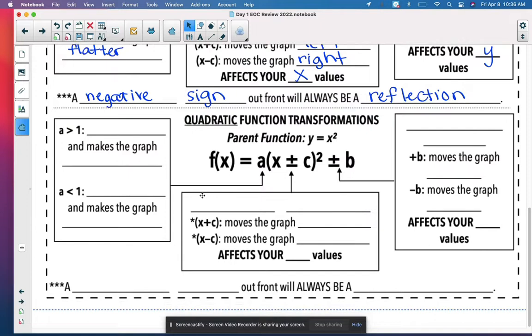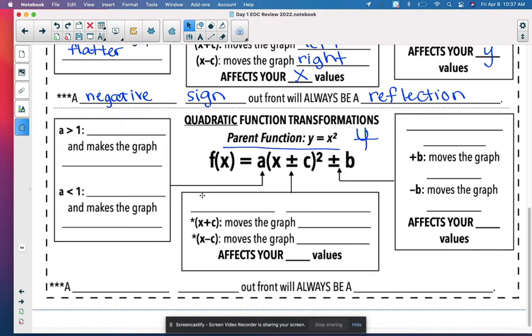The last thing I want to talk about, which is something we recently covered, is quadratic function transformation. So again, a quadratic function is going to be x squared, and this is the one that produces the parabola or the U-shaped graph.